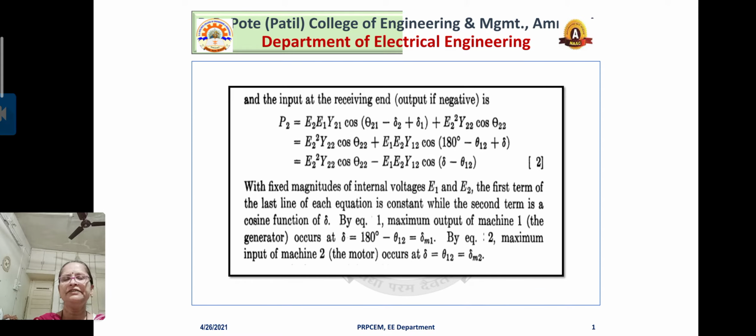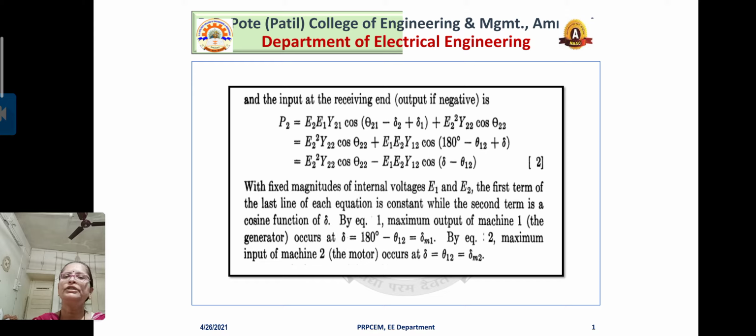The input at the receiving end is given by the expression shown in equation 2. If anybody is interested in how equations 1 and 2 are obtained, they may refer to Kimbark volume 1, chapter 13.